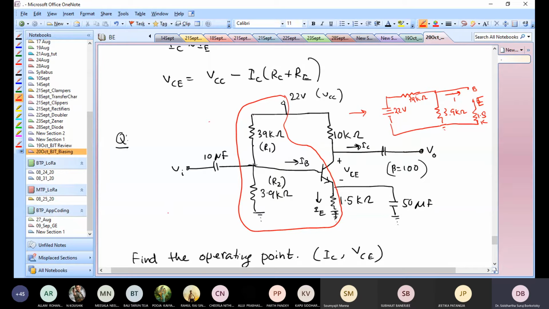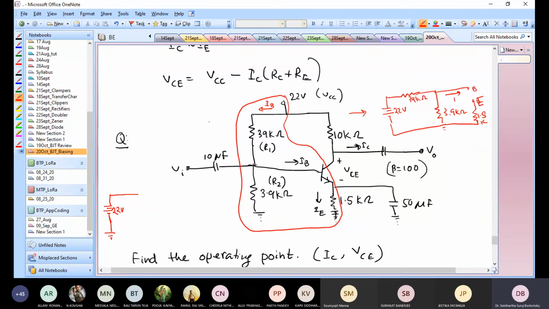So now what is going on in this circuit? First thing is there is a 22 volt source, right? Right, it is a 22 volt source carrying a current.